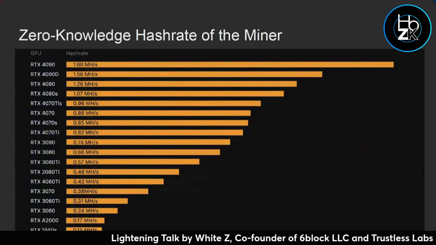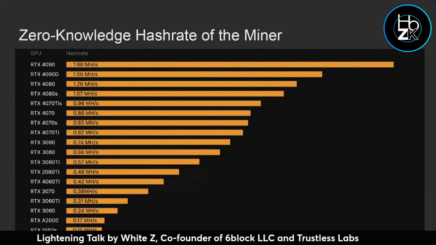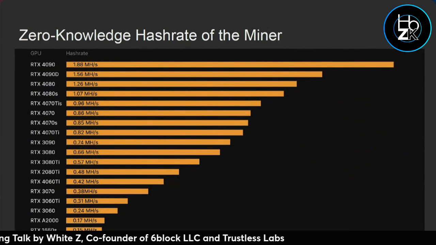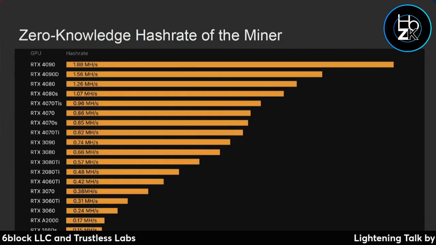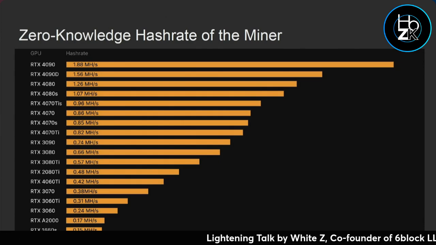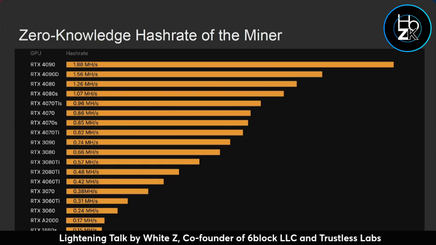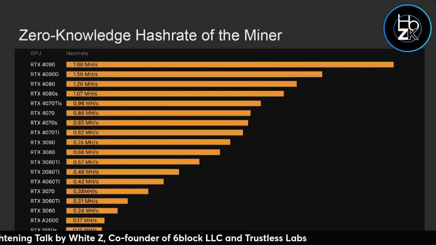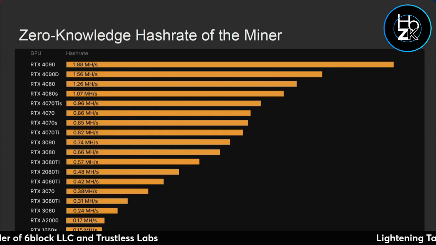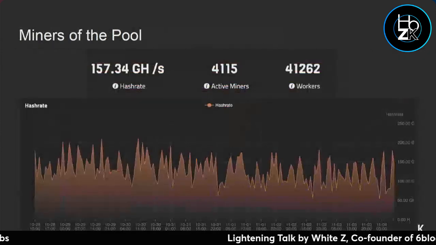Okay, and this is the benchmark of our miner. For the high-performance 4090, our miner reaches about 1.88 mega hashes per second, and I think this is the fastest in the market, even faster than other mining platforms, for example F2Pool and others.